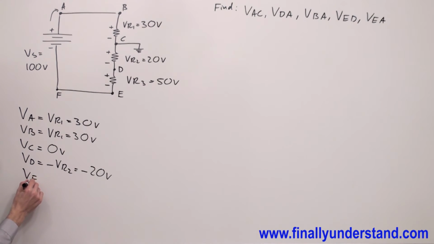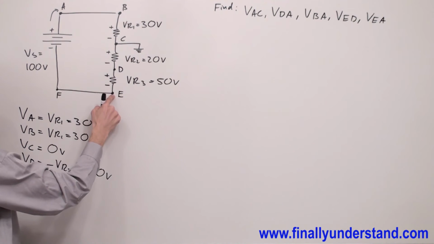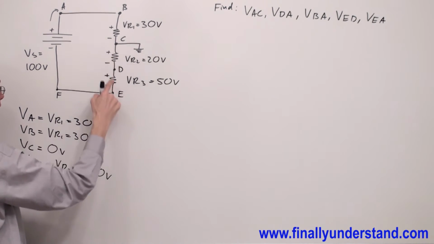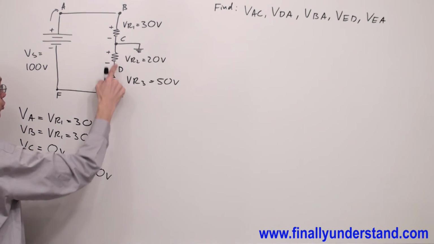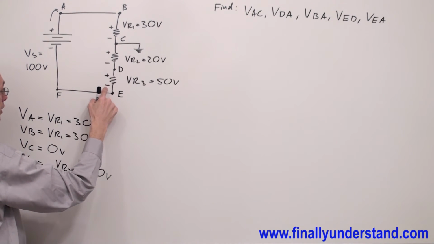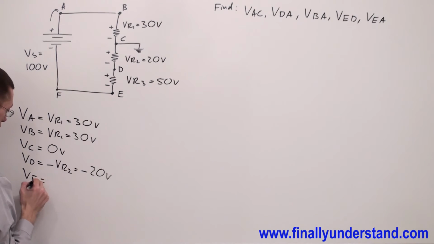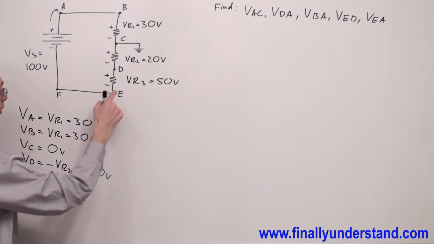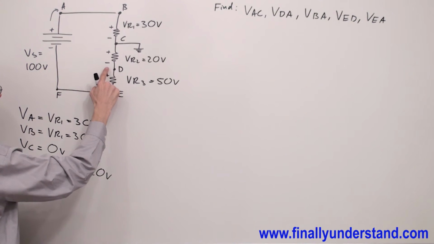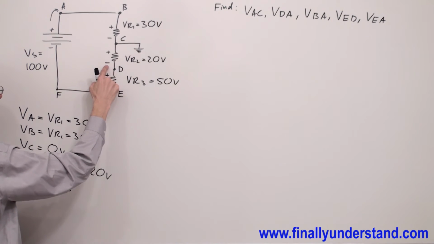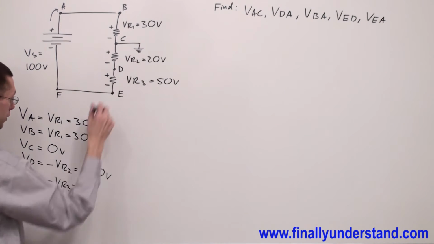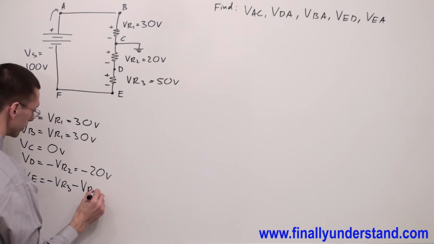VE. VE is the voltage between this point and C. I have to go from E to C. What do I see first? The negative sign. That's why I write VE is equal to negative VR3. And as I keep going to C, I see negative one more time, but this time VR2.